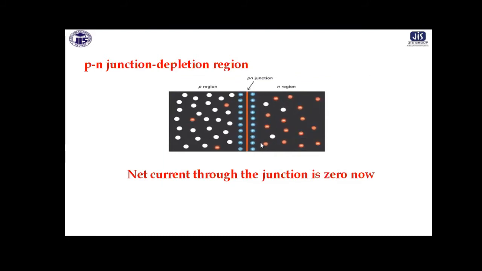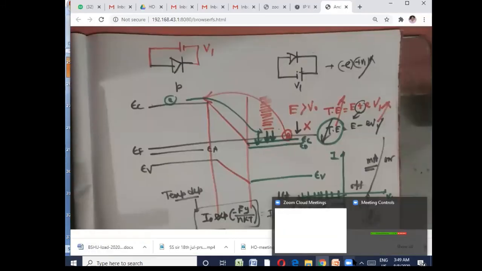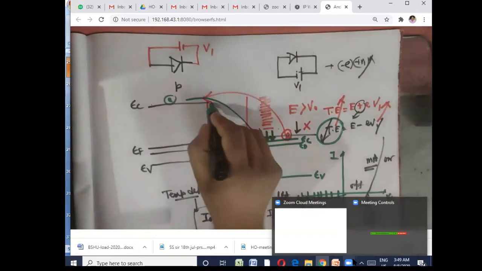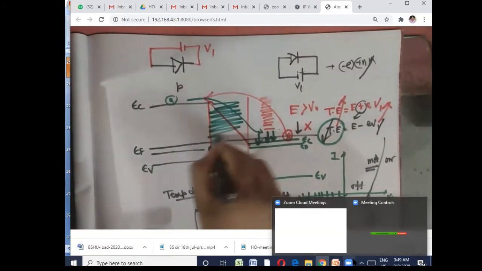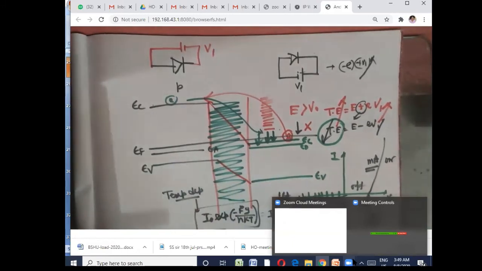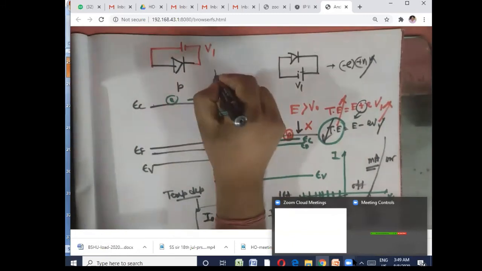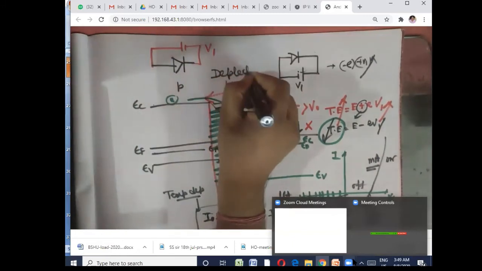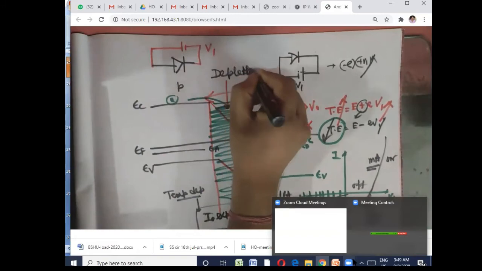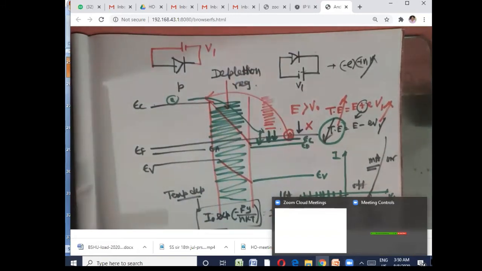This region just formed is called the depletion region, the junction where a potential barrier is created. It is depleted of free charges, hence depletion. No free charges exist there.